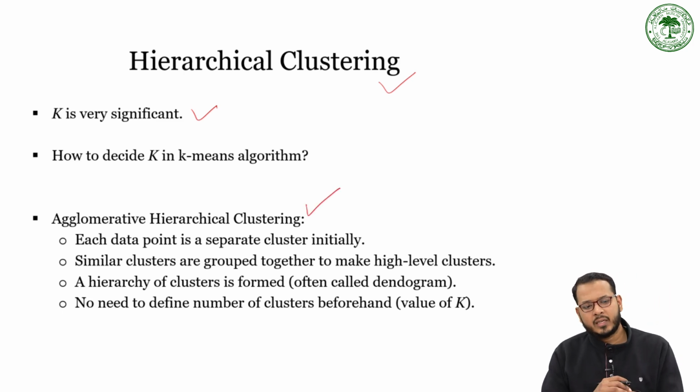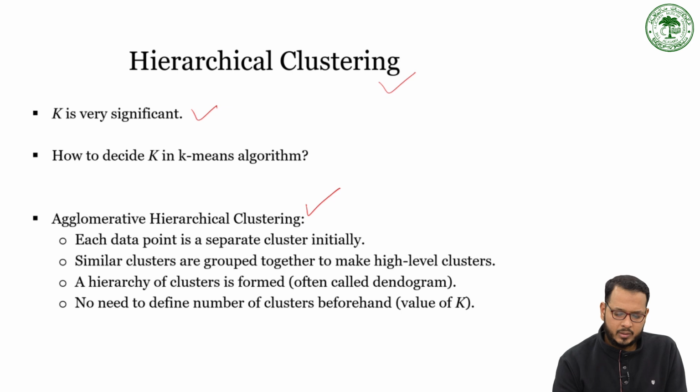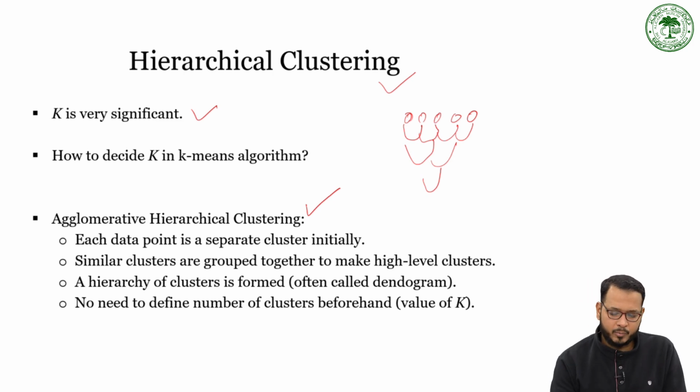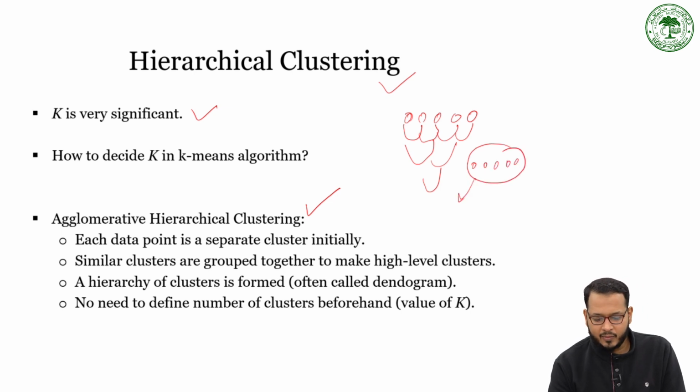You can say that agglomerative hierarchical clustering is a bottom-up approach. It considers each point as separate and then forms them into clusters like this. Divisive hierarchical clustering is a top-down approach which starts with all the points as one cluster and then divides them into smaller clusters.